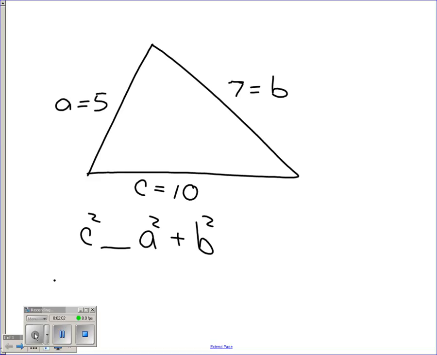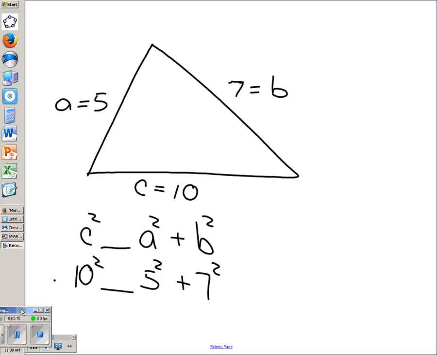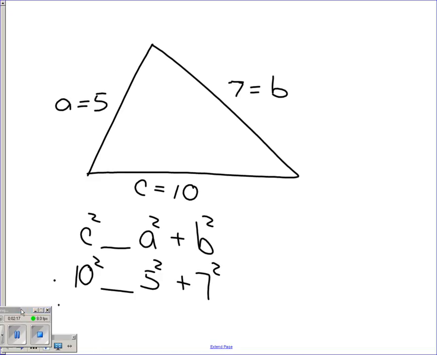Well, in this case, we have 10 squared. How does that compare with 5 squared plus 7 squared? Well, as you can see, 10 squared is 100. 5 squared is 25, and 7 squared is 49.